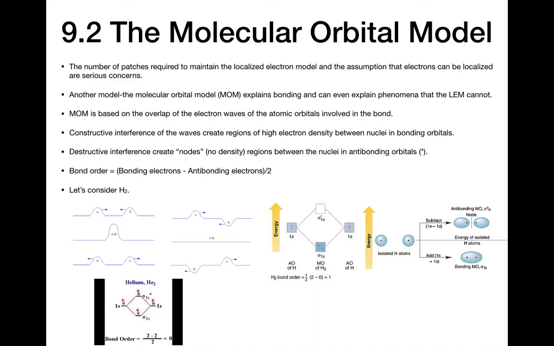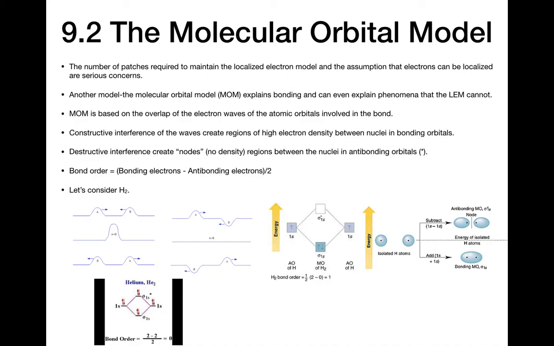So what does this look like for, say, hydrogen, H2, with 1s orbitals on each hydrogen atom? Well, if we overlap the 1s orbitals, as we see on the right side picture here, we would find that we would get one orbital where the electron density adds, and that's called a bonding molecular orbital.